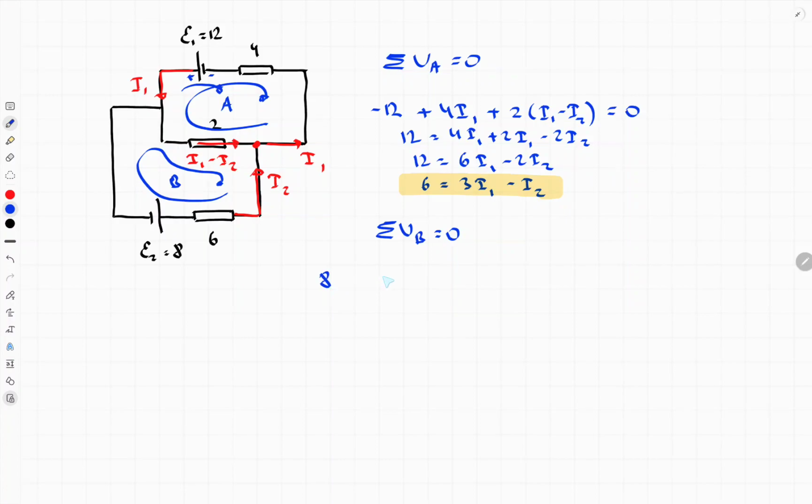Battery 8, 6 ohms voltage, 6 times I2, and 2 times I1 minus I2 should be equal to 0. So here, let's start with the battery, plus, minus. Loop is directed to the left from plus to minus.